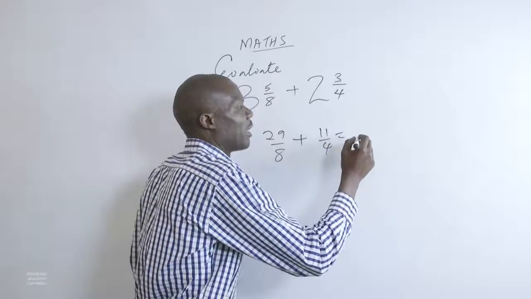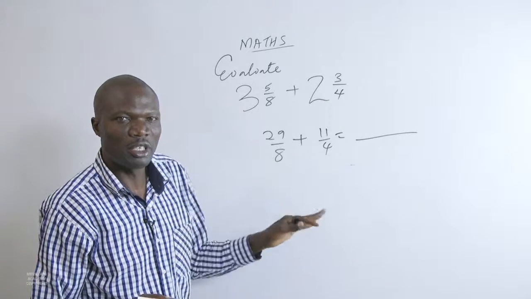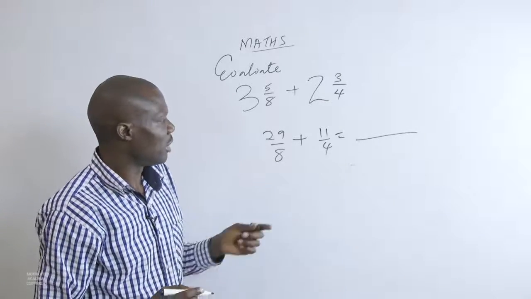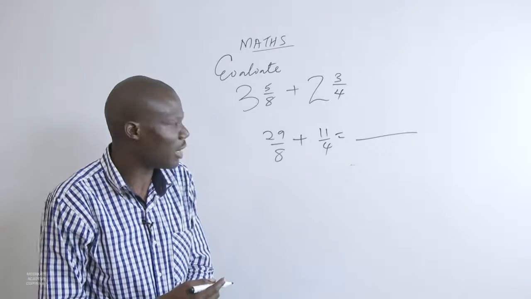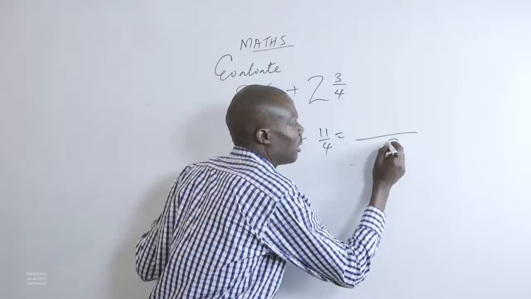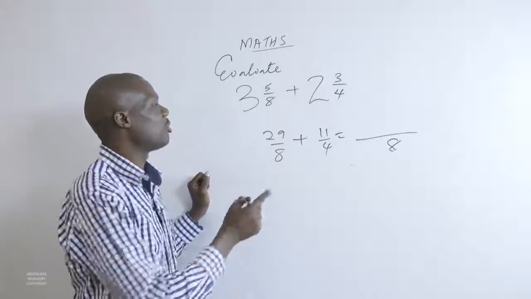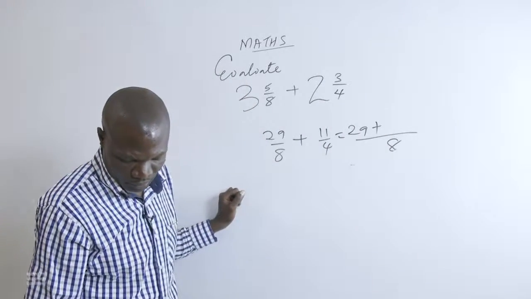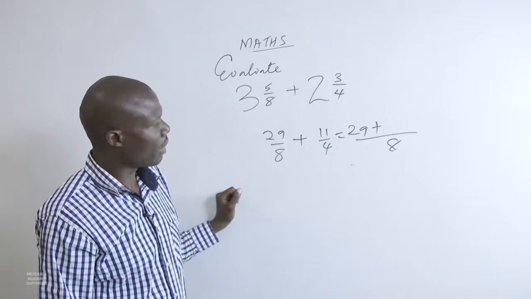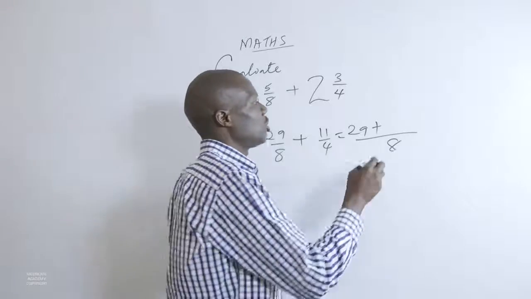What is the lowest common denominator, the LCD? 8 and 4, they share a multiple of what? 8 itself. So the LCM is 8. 8 divided by 8 is 1. 1 times 29 is 29. Plus, 8 divided by 4 is 2. 2 times 11 is 22.